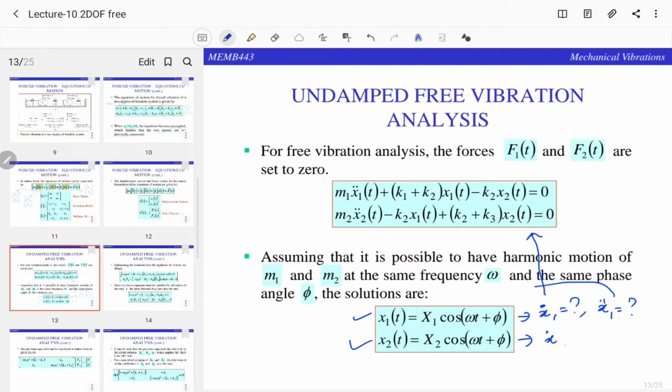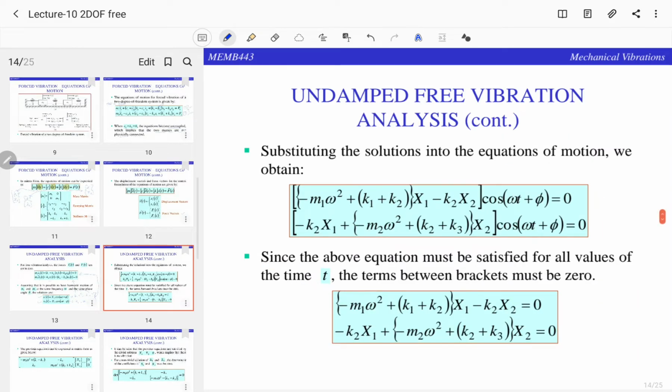You have to take x dot 2 and x double dot 2. Basically if you look at this equation, you only have x double dot and just x, isn't it? So you just substitute all this x double dot and x into this equation. So if you do that, you have this basically.